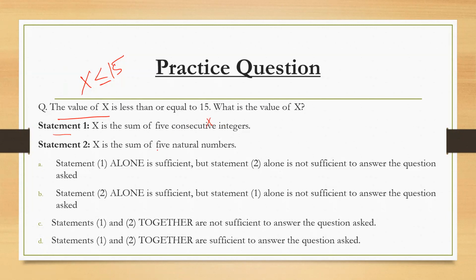What about statement 2? What is wrong with statement 2? X is the sum of 5 natural numbers. What is the logic here? Same logic. Okay. Any 5. Okay.